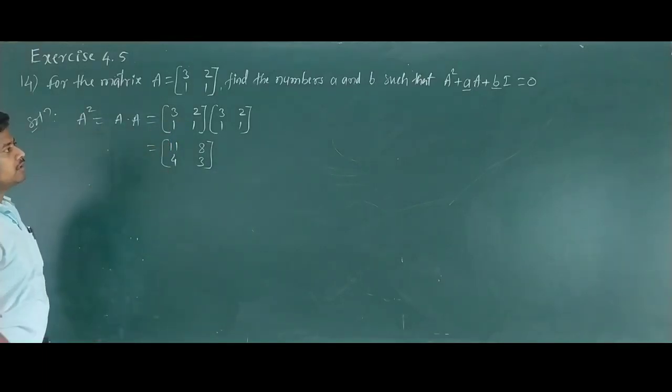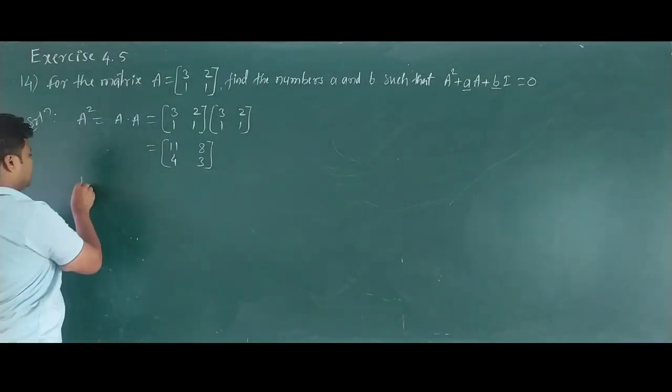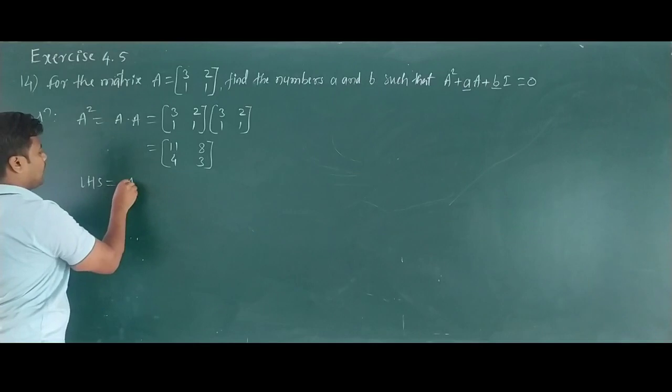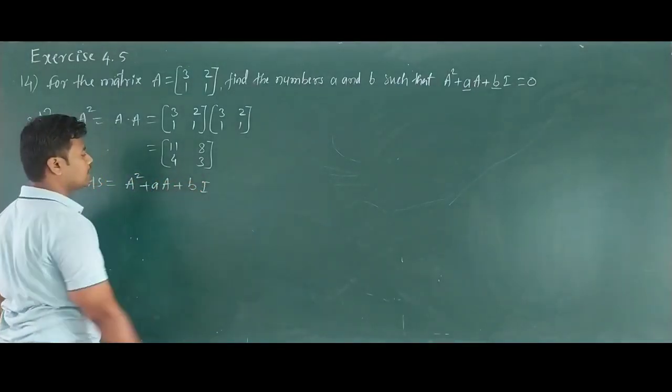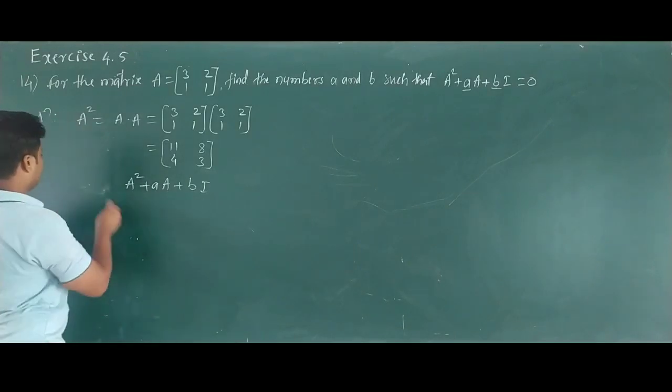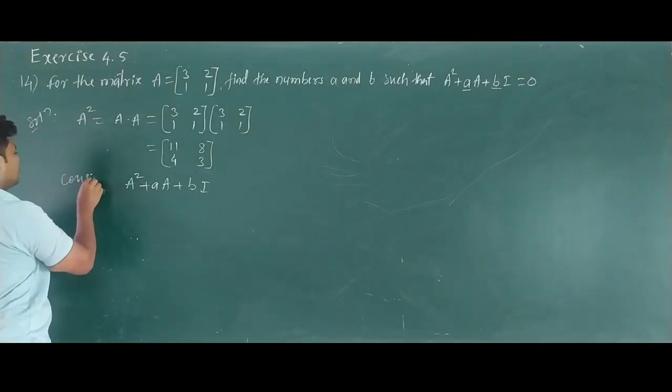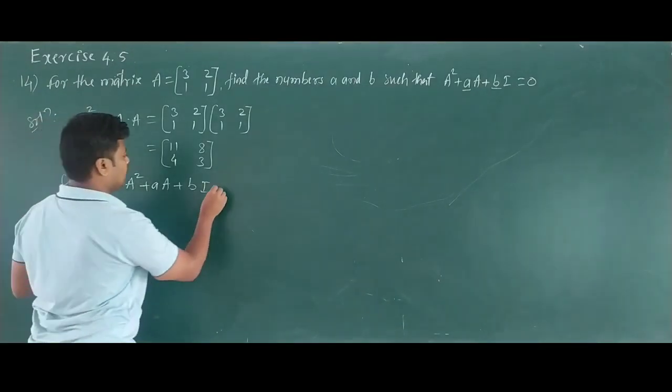Consider the equation LHS equals A square plus a into A plus bI, equal to 0.